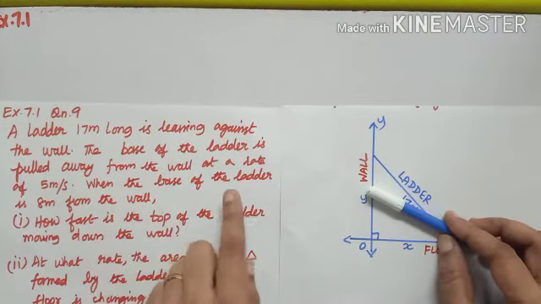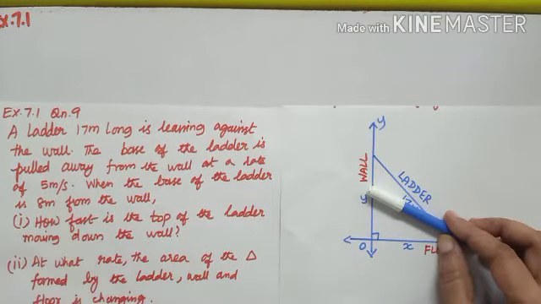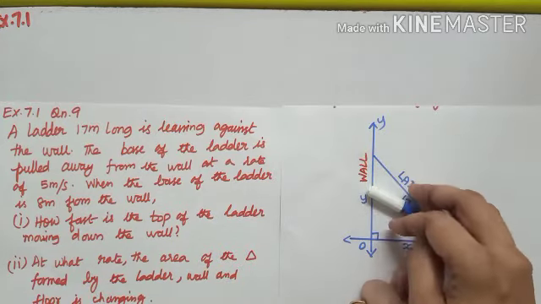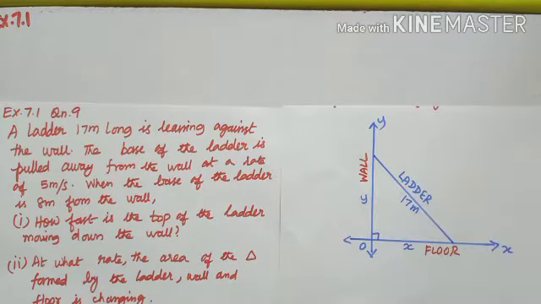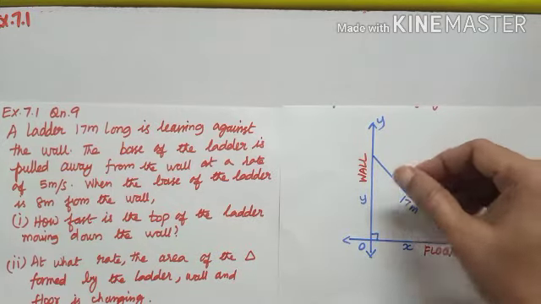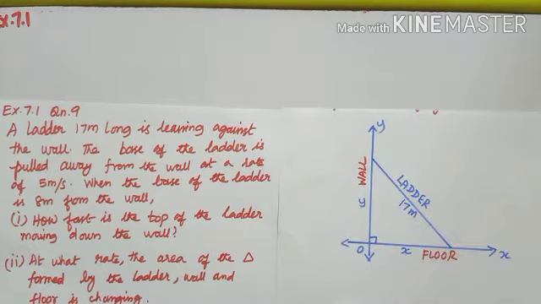So when the base of the ladder is 8 from the wall, how fast is the top of the ladder moving down, and at what rate is the area formed by the ladder, wall and the floor changing? How shall we start with the problem?